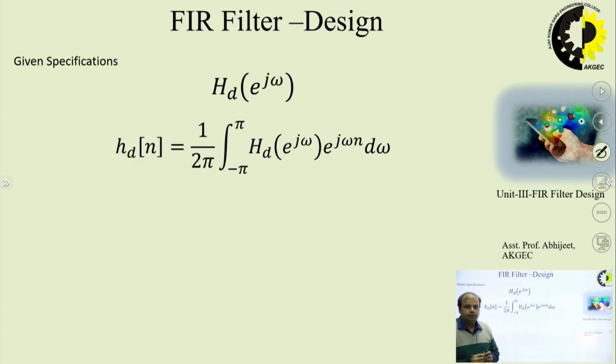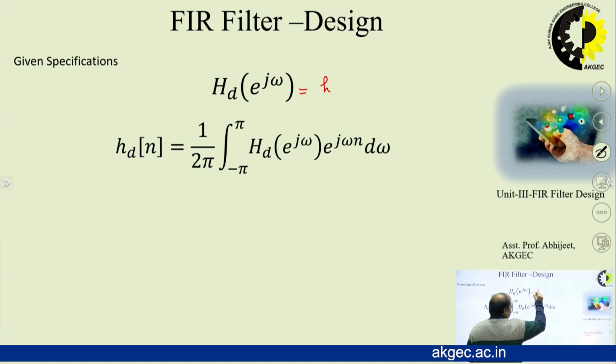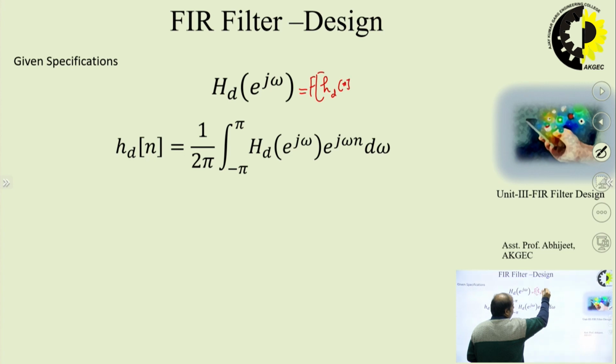The impulse response of the system is basically the inverse Fourier transform of its discrete time Fourier transform. So if there is any given specification of h_d of n in terms of impulse response, then H_d of e^{j omega} is the Fourier transform of the impulse response h_d of n, which is a DTFT operation, discrete time Fourier transform.